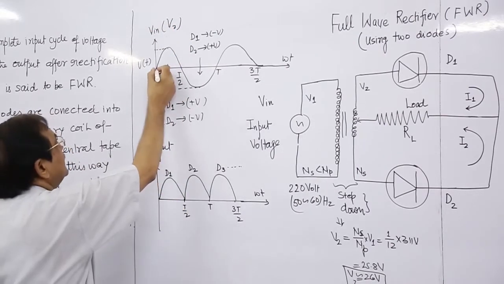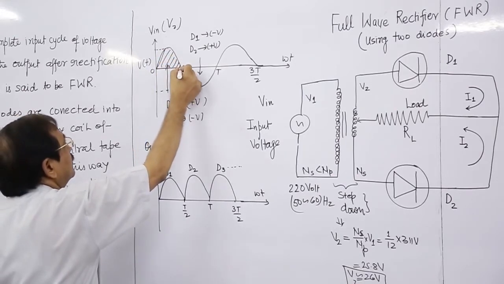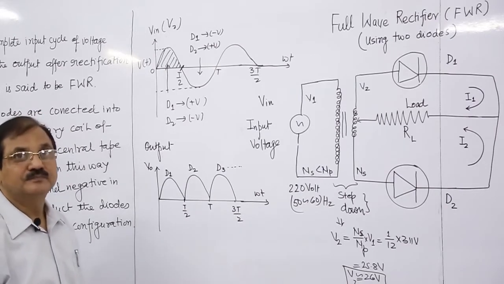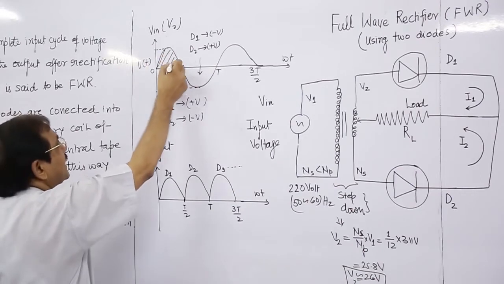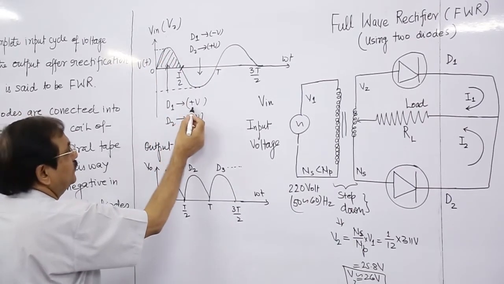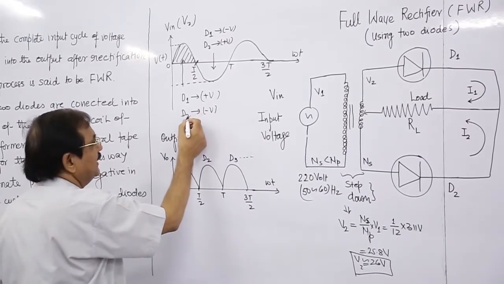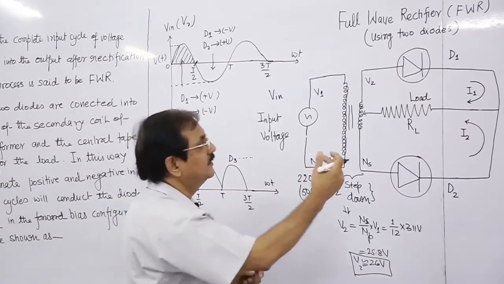In this terminal point V2, the half cycle from 0 to T by 2 is positive. So, in this positive half cycle, the D1 diode is at positive potential and the D2 diode is at negative potential. What does it mean?